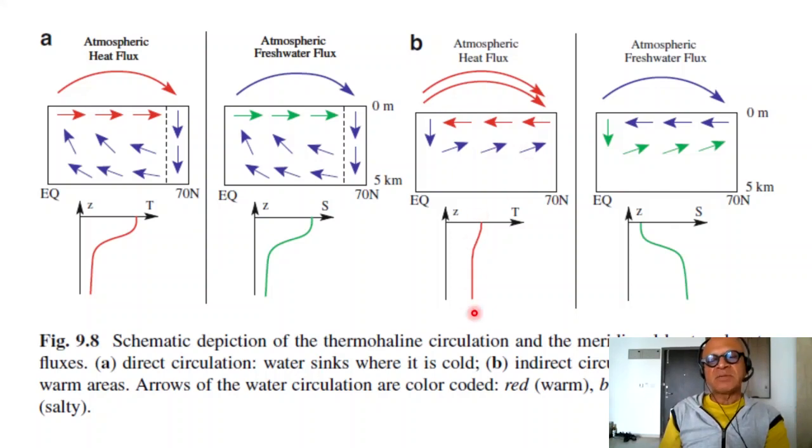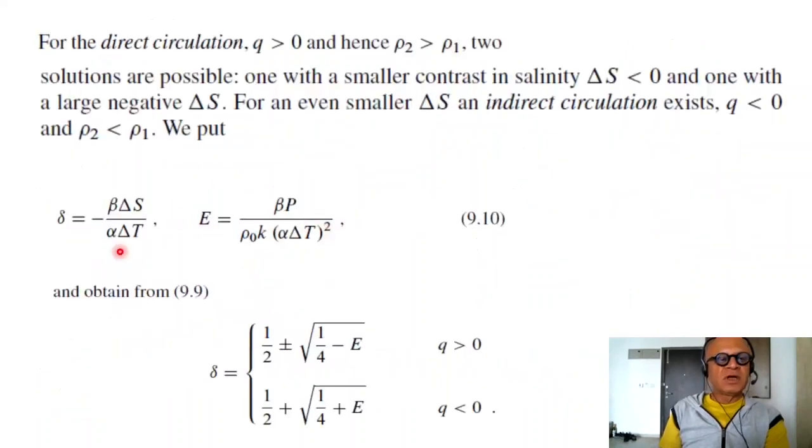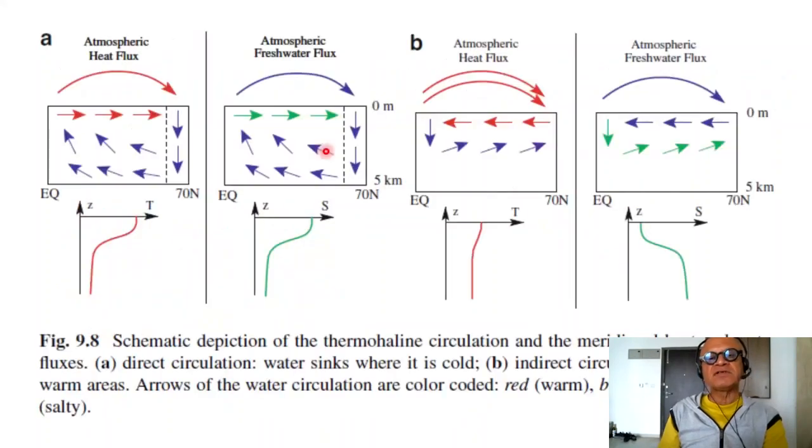So here you can see that the stability of temperature is very low compared to the direct circulation, and you have also an atmospheric flux going in this direction, and heavy salty cold fresh water moving here, and salty water sinking in the low latitudes and going north and coming back. So obviously various ranges of solutions are possible by tinkering with delta S and delta T, and corresponding atmospheric fluxes in heat and fresh water have to occur to sustain these solutions, to stay in the stable regime.